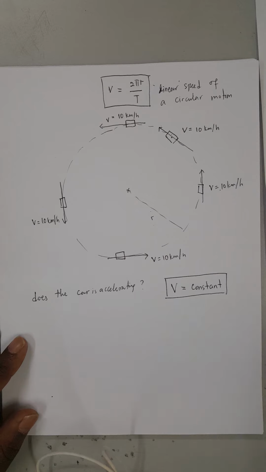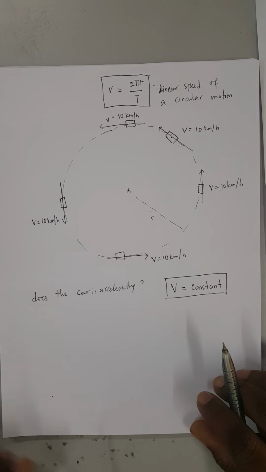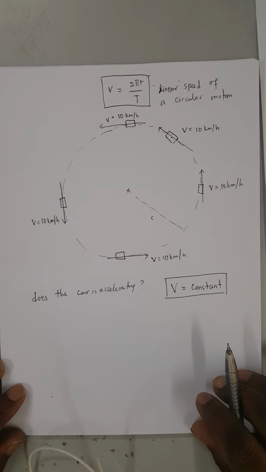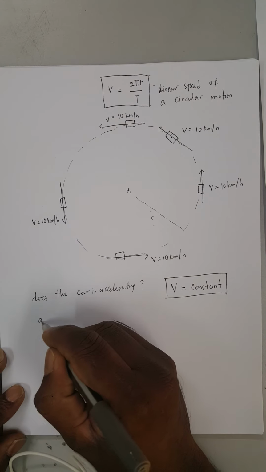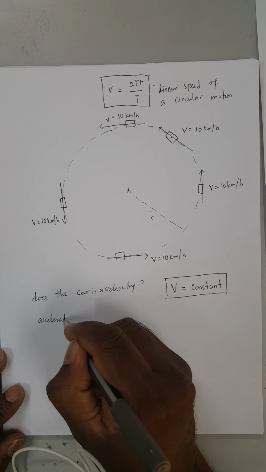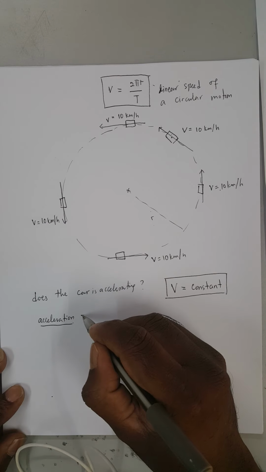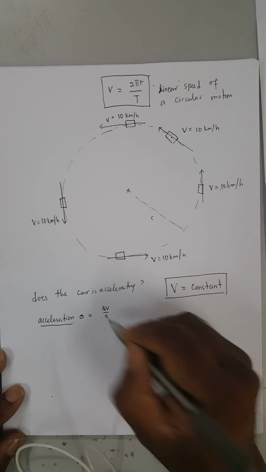That's my question now. We have a few conditions to determine whether the object or the car is accelerating or not. Acceleration a is equal to the change in velocity over time.